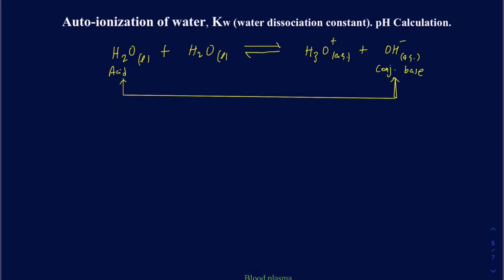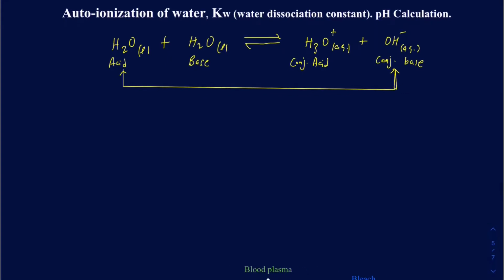The OH- production gives you the amount of base you have in there. And then obviously the other one, the H2O, making the H3O+, must be acting as a base, and whatever it makes on the other side, which is H3O+, is going to be called a conjugate acid.